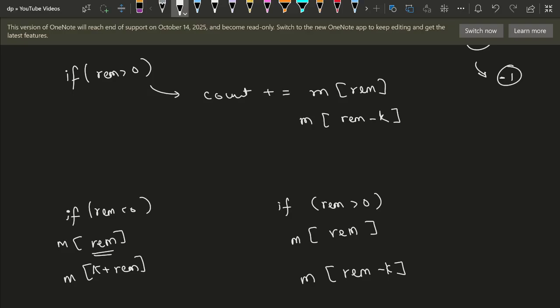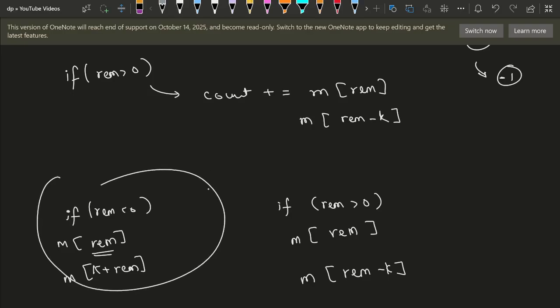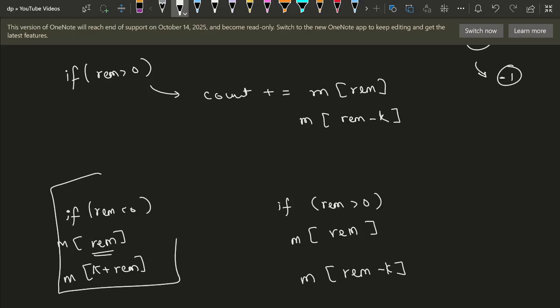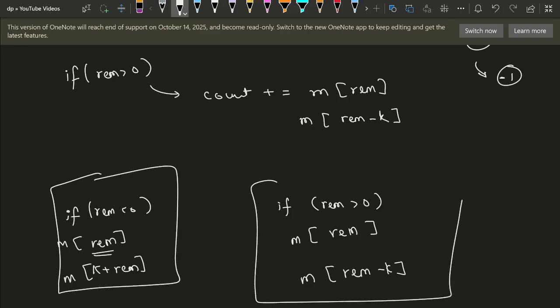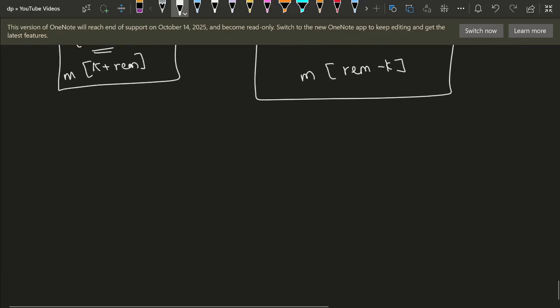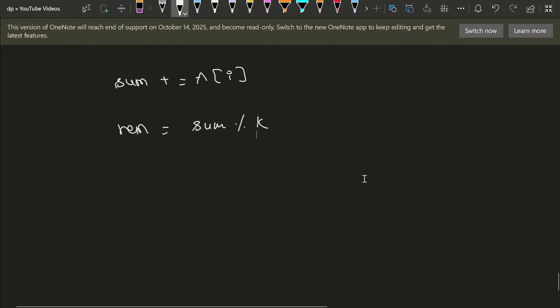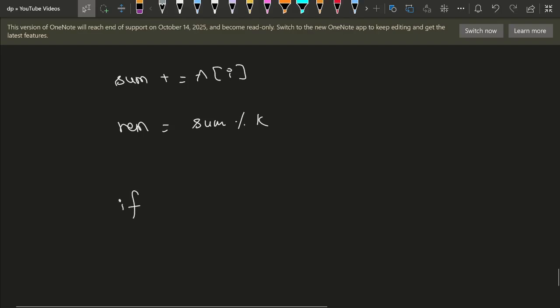We can simply write these two and let's try and see. So sum plus equals a of i, rem equals sum modulo k, and then you check if your rem is greater than or equal to 0.